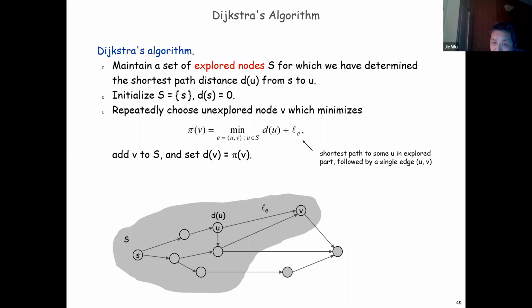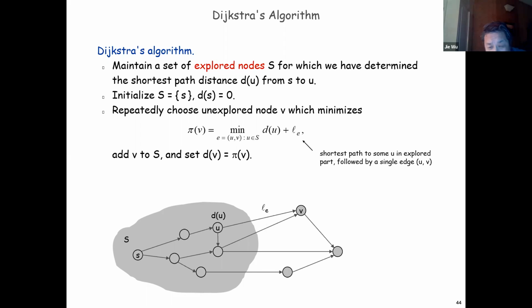Now I hope you can get some general idea. Sorry, I cannot write on the board. This idea is called the wave algorithm in distributed algorithms. What do I mean by wave? You can imagine that the area grows, like a wave.